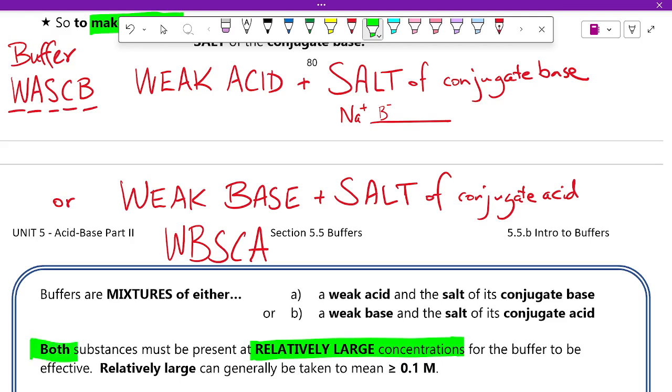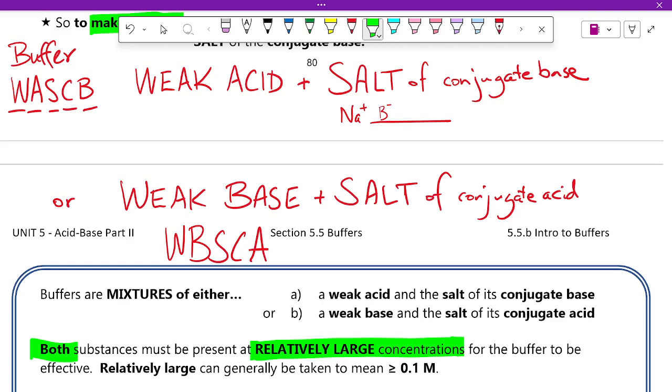In the context of chemistry 12, relatively large can generally be taken to mean greater than or equal to 0.1 molar. But that's not a hard and fast rule. Sometimes you'll see a big buffer made out of like 0.05 molar this and 0.05 molar that.